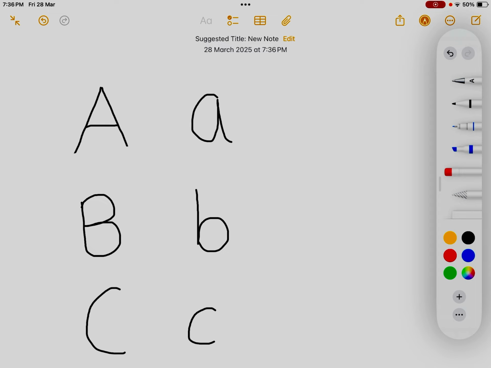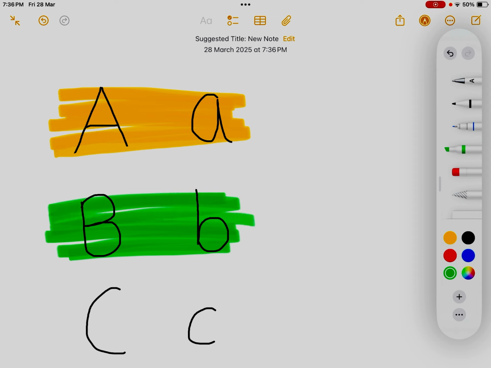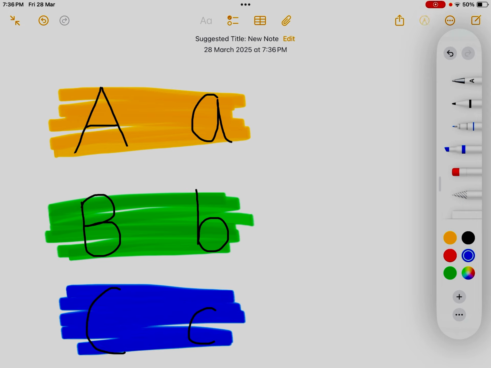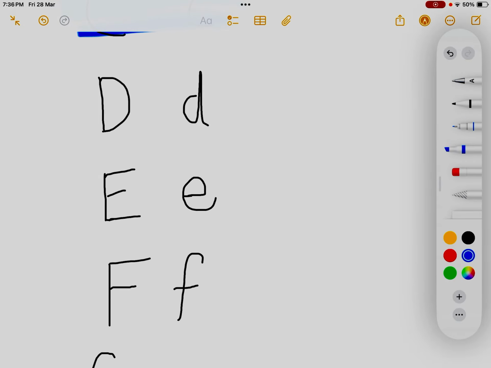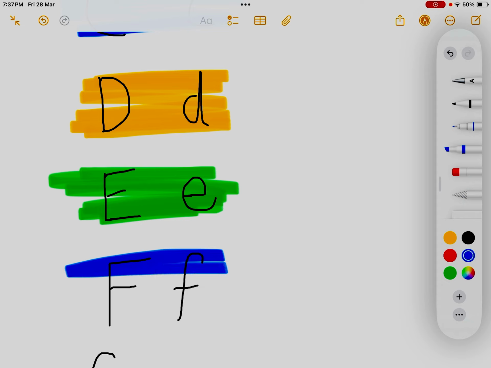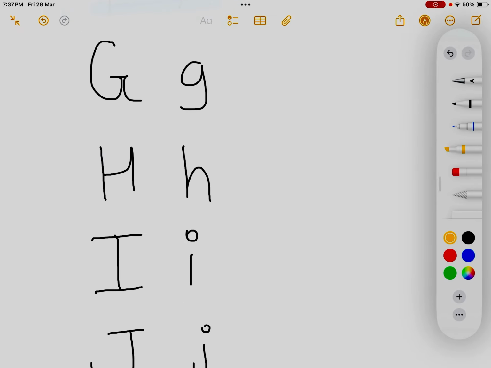So this is A. This is A. The second letter is B. Third letter is C. Fourth letter is D. Fifth letter is E. Then F. G.